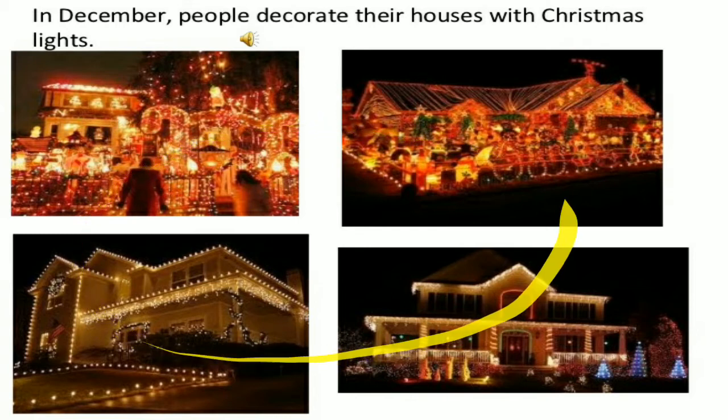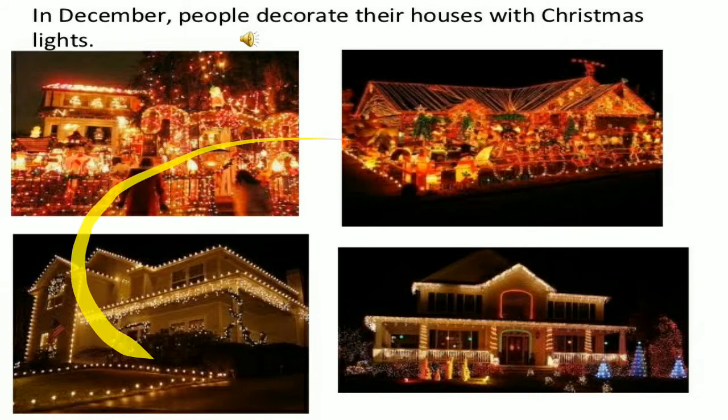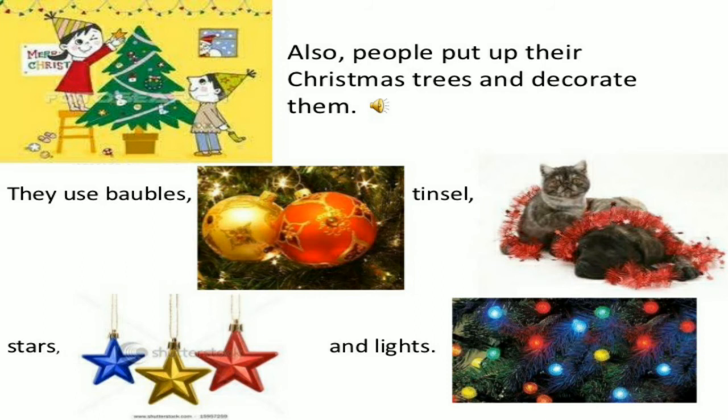Here we can see people decorating their houses with Christmas lights, and people also put up their Christmas tree and decorate it. They use baubles, tinsel, lights, and a star to decorate the Christmas tree.